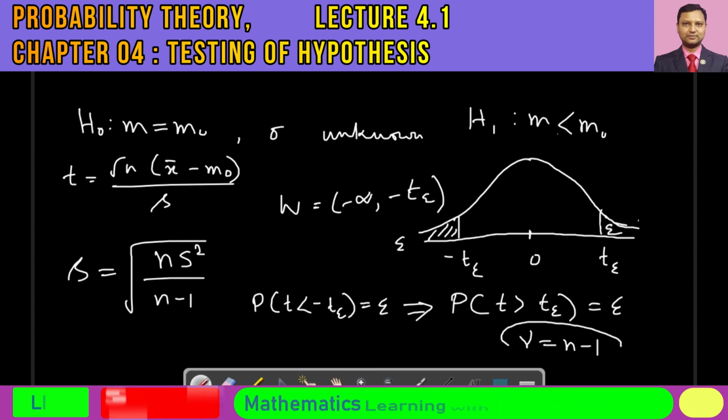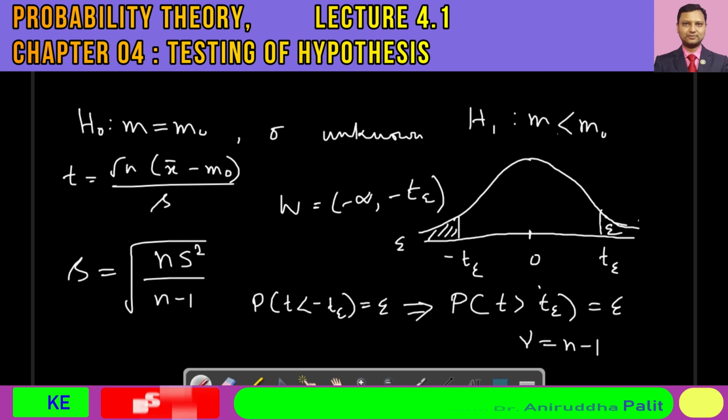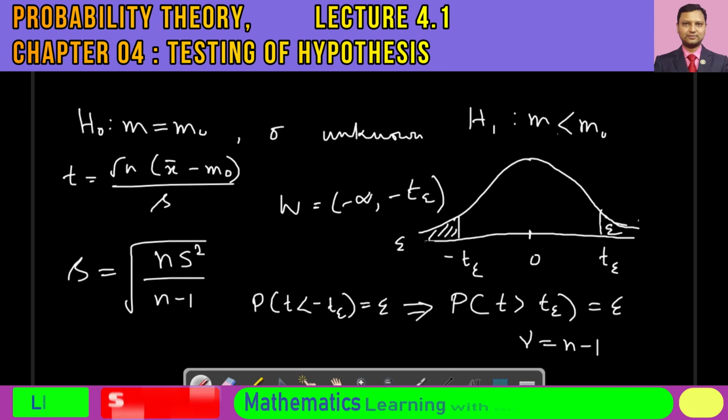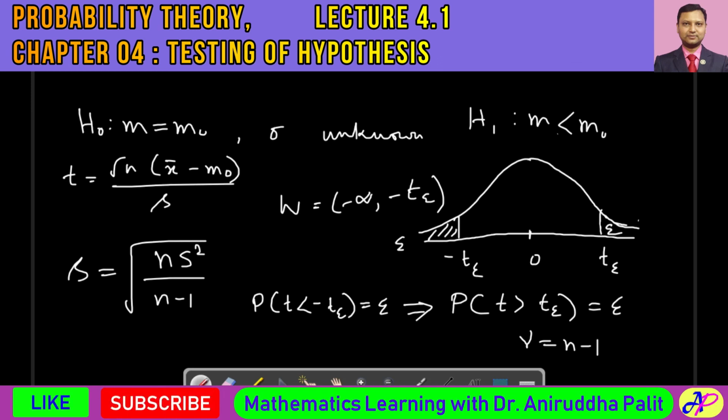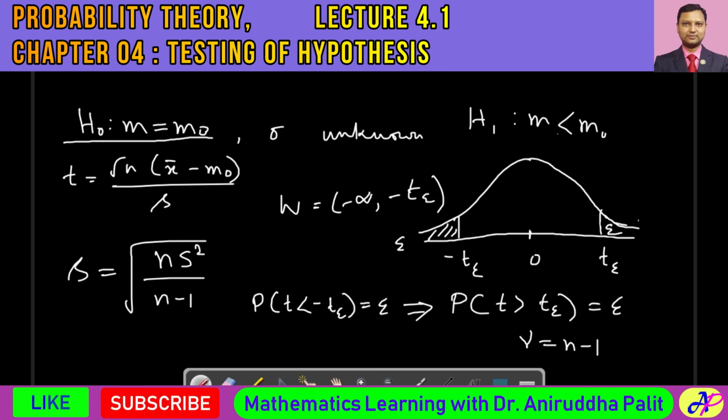So from the t distribution table, we shall have to identify this value of t epsilon. So these are the three cases for t distribution, and it is performed for the test of this type of null hypothesis m is equal to m0 when sigma is unknown.